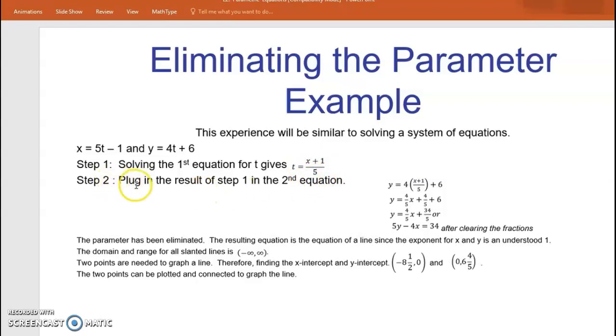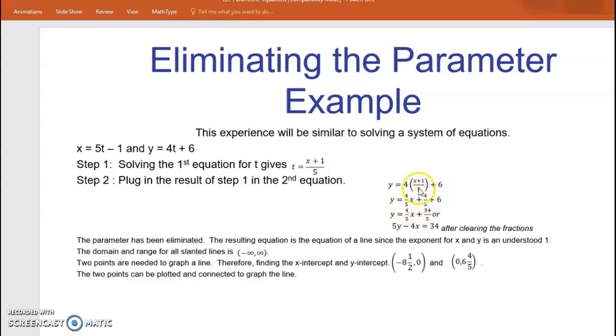Step 2. Plug in the results of step 1 into the second given equation. If we plug in for t what it is equal to into the second equation, we get y equals 4 times the quantity x plus 1 over 5, and then plus 6.